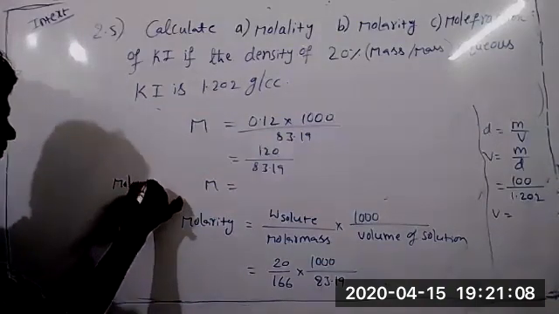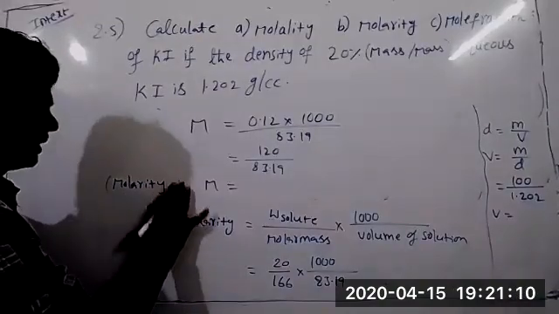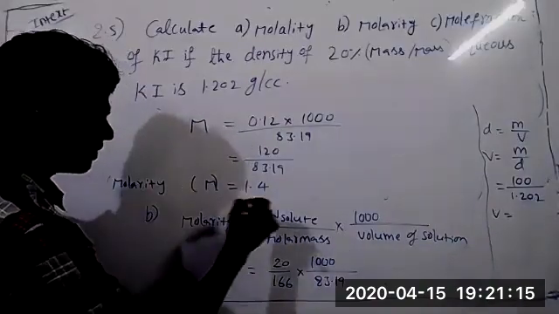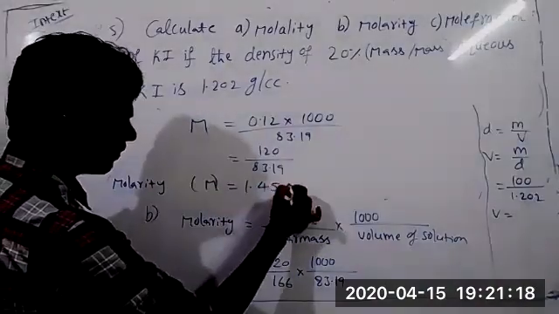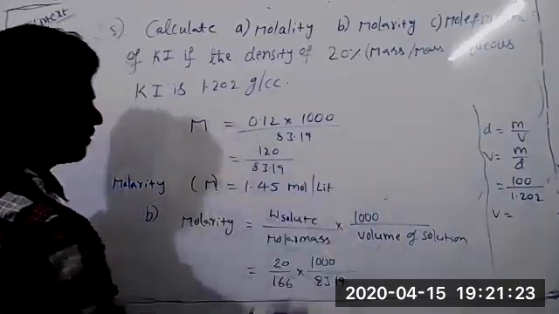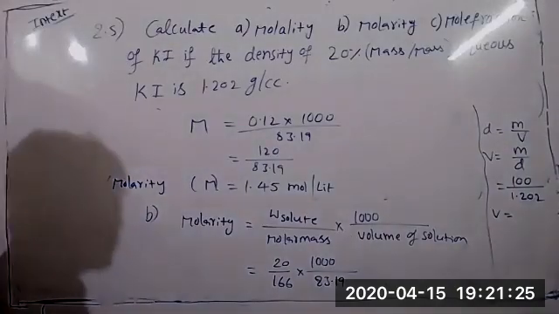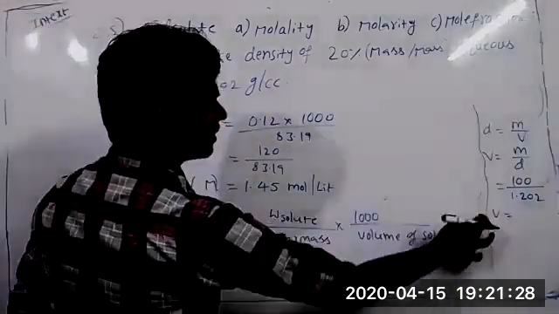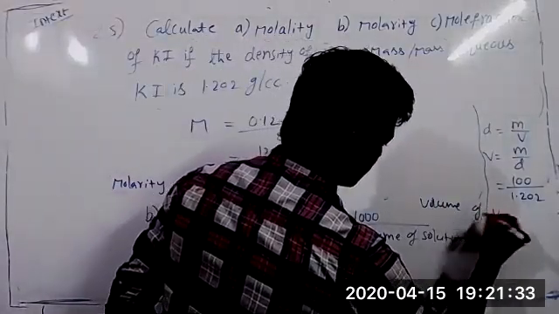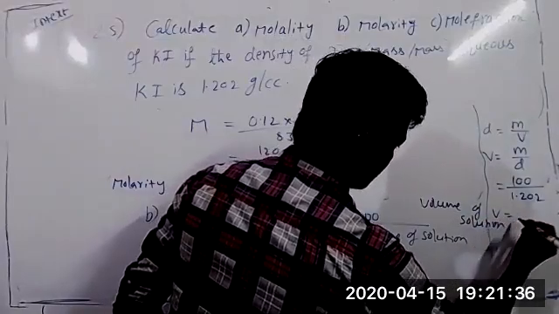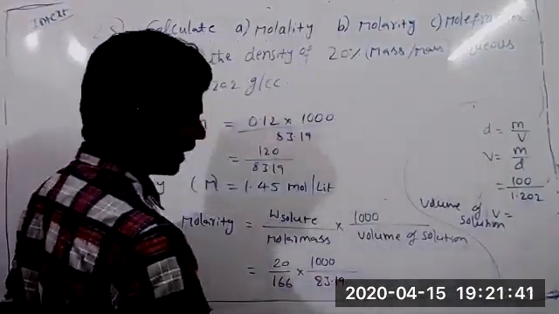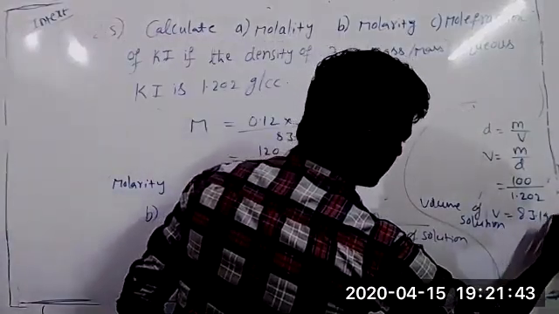Molarity is 1.44 something. It's 1.442, so write 1.44. Here the volume of solution V is equal to 83.19 ml.